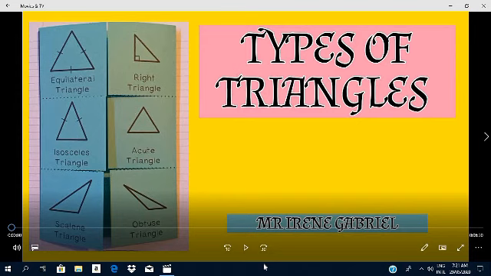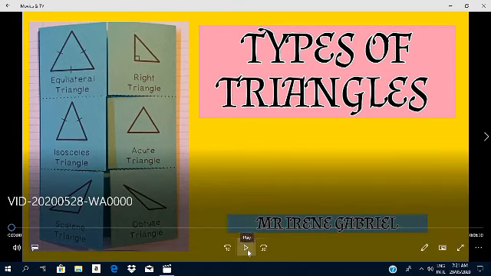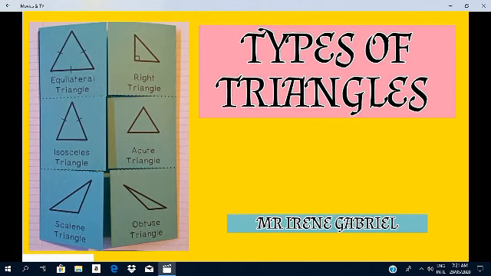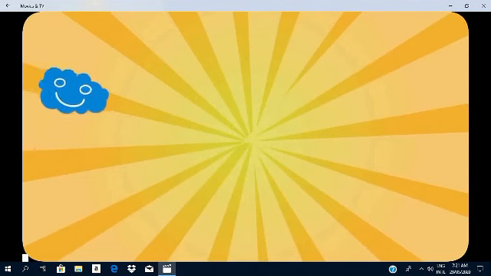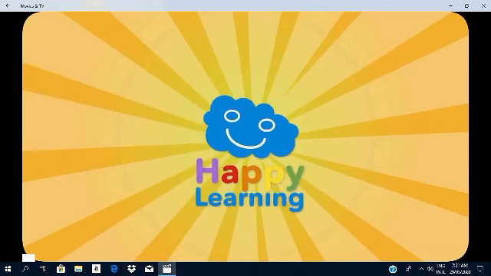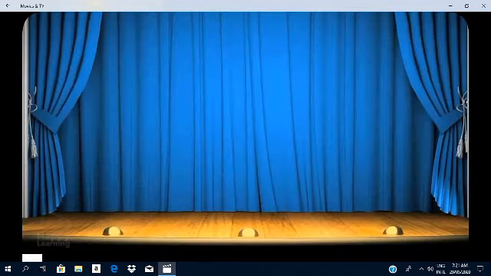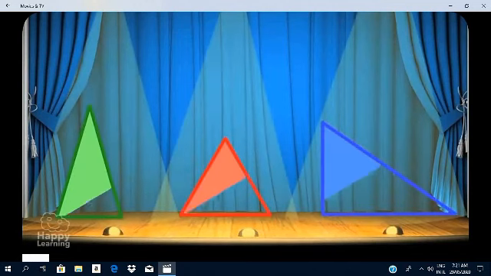The first part of the triangles we shall be treating are equilateral, isosceles, and scalene. Now, these triangles can be identified using the measurement of their sides and at the same time the measurement of their angles.